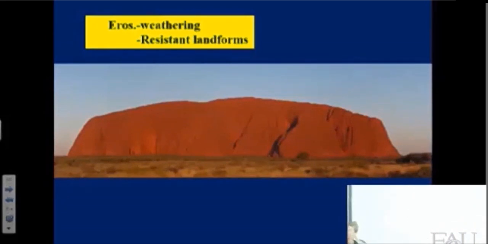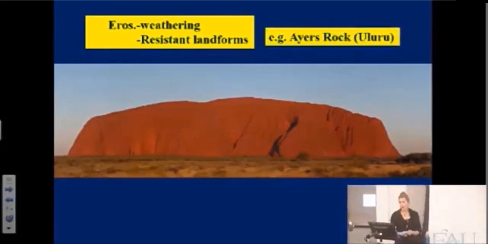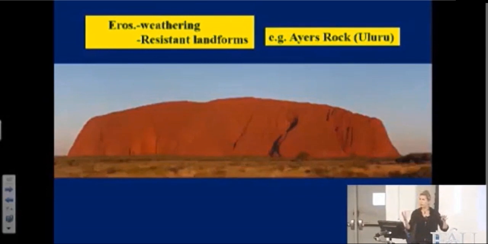And then you have rain and wind and all that stuff, and it starts to erode away all of the softer stuff. So the harder stuff still stays. An example of this is Ayers Rock, Uluru in Aboriginal. This is just a big mound of hard sandstone in a reddish color.